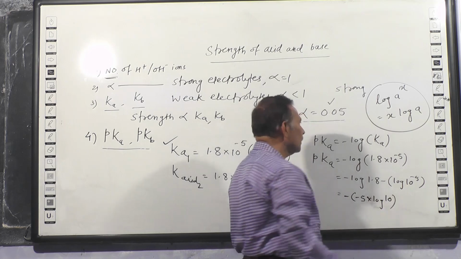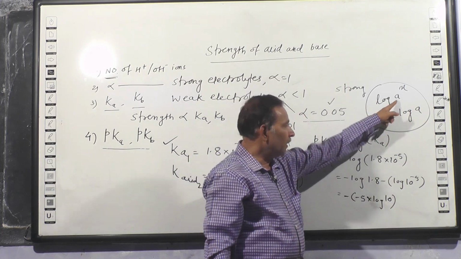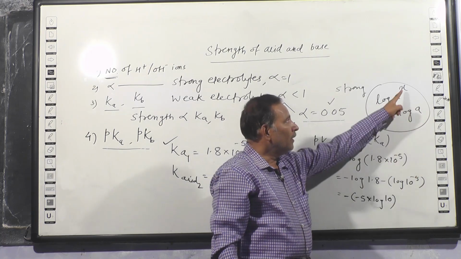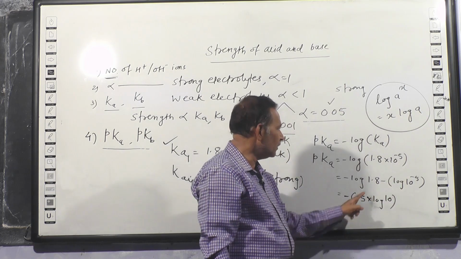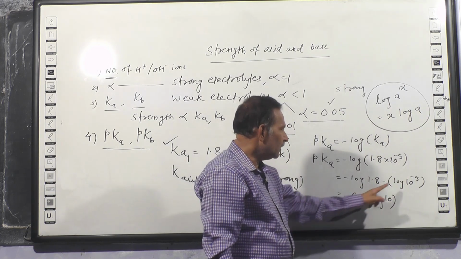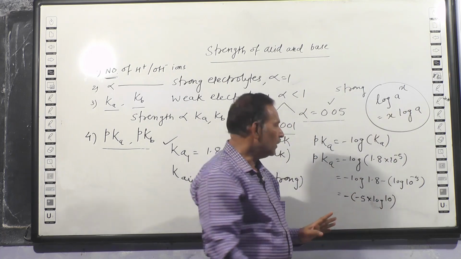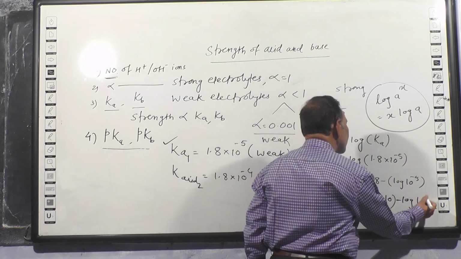The minus 5 becomes the coefficient, this minus stays as it is, and the remaining thing is log a, which is log 10. Now, minus log of 1.8.